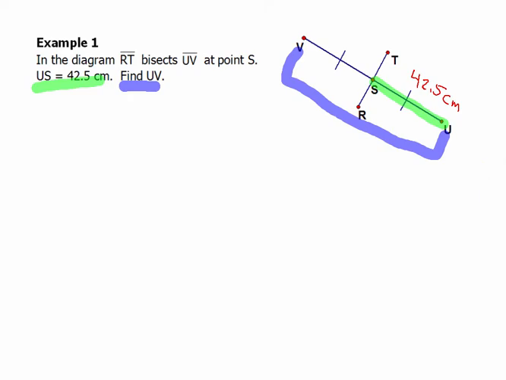Well, I can use what I know from my given diagram. This piece right here of 42.5 and the piece from V to S, that's also going to be 42.5. Now, the UV piece is going to be equal to the VS part and the SU piece.